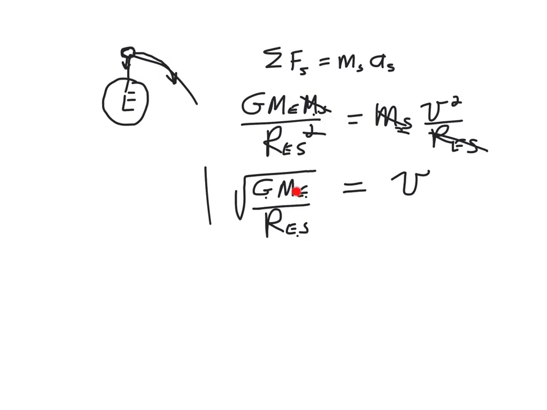You would simply use the mass of the moon and the distance from the moon center to the satellite center. Or the velocity of the Earth going around the sun would be the mass of the sun, and the distance from the center of the sun to the Earth would give you the velocity at which the Earth is moving around the sun. So this is a general result.